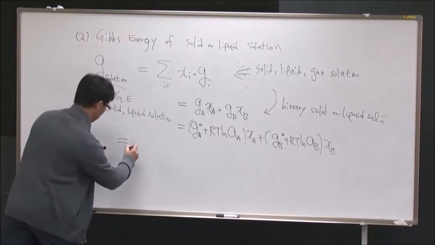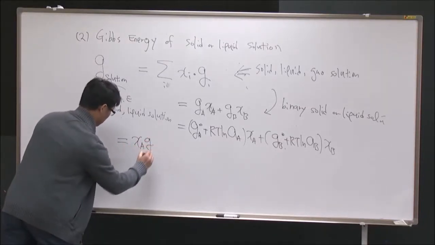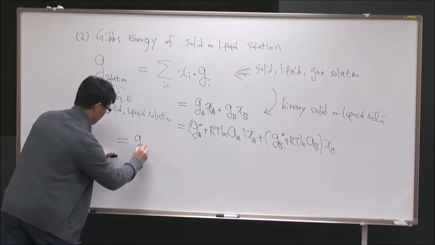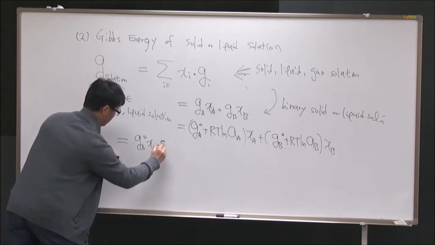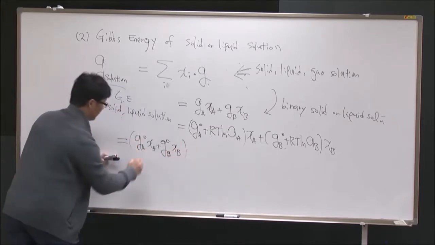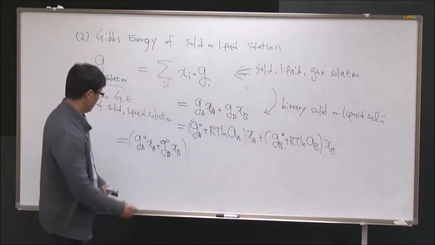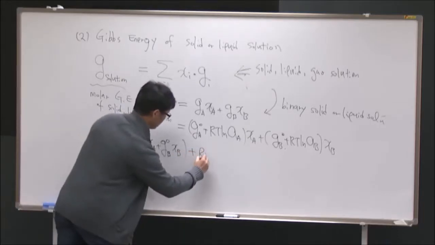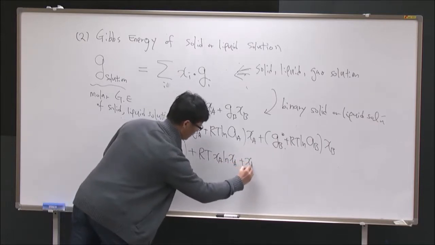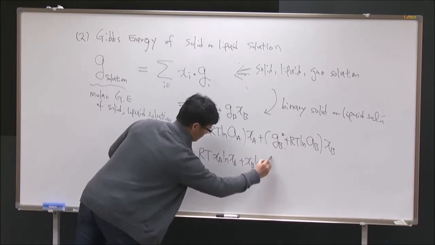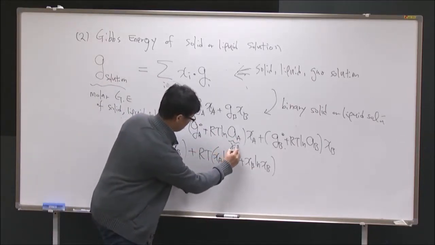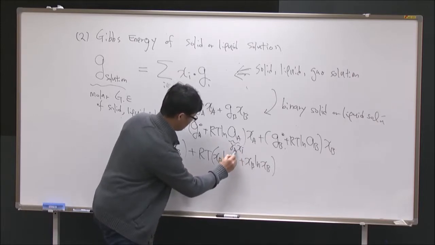If you do that, we can get it this way: XA, GA naught, so this first term, so this one came out, plus this one coming out from here, because this is mole fraction, this one and XI.